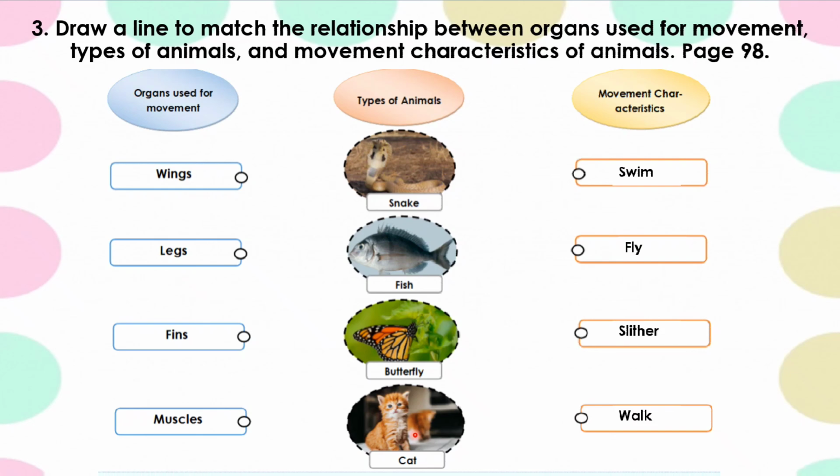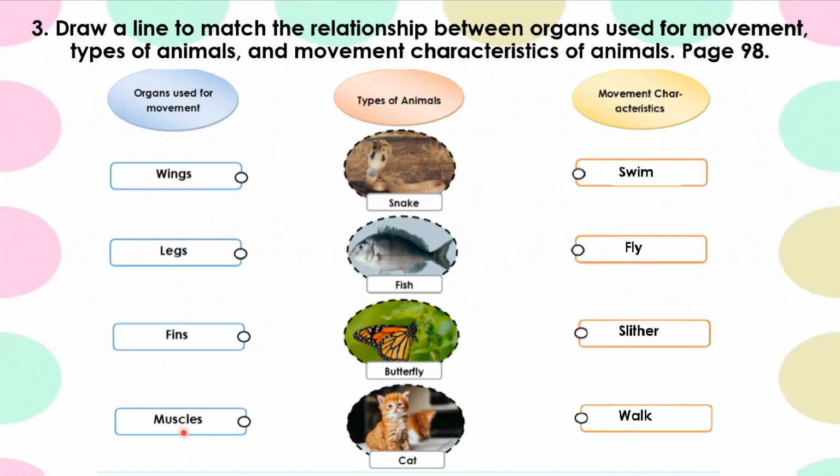Is it to swim, to fly, to slither, or to walk? How about this one, we have fins. Which animals use their fins to what? Is it to swim, to fly, to slither, or to walk?